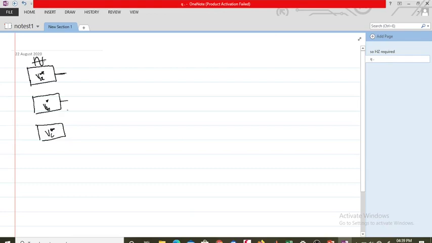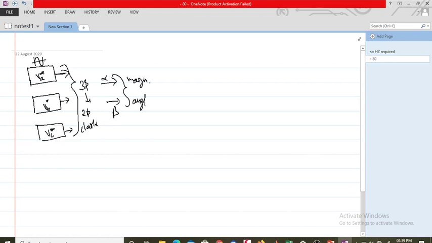After getting these voltage signals, you have to convert from 3-phase to 2-phase, which is called the Clarke operation. Then you will get the alpha axis and the beta axis. Now alpha and beta need to be converted to magnitude and angle. How we convert it, I will show you in the MATLAB session.